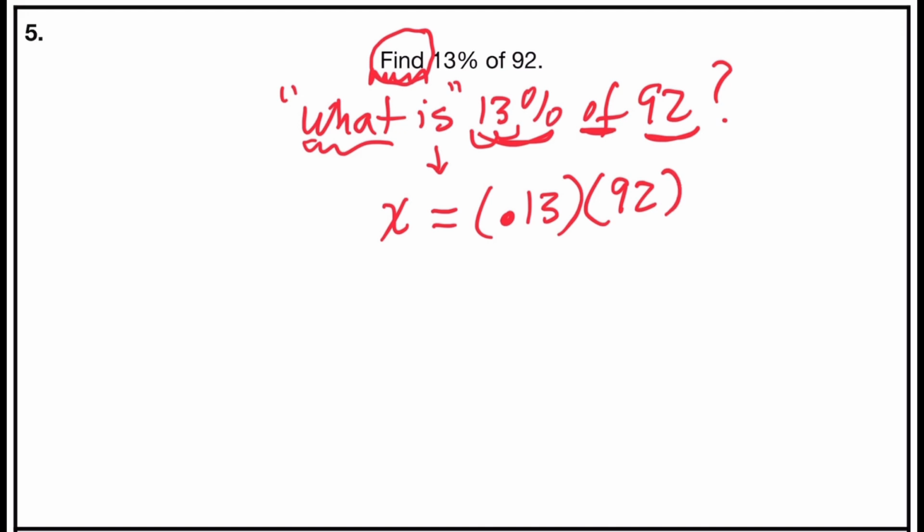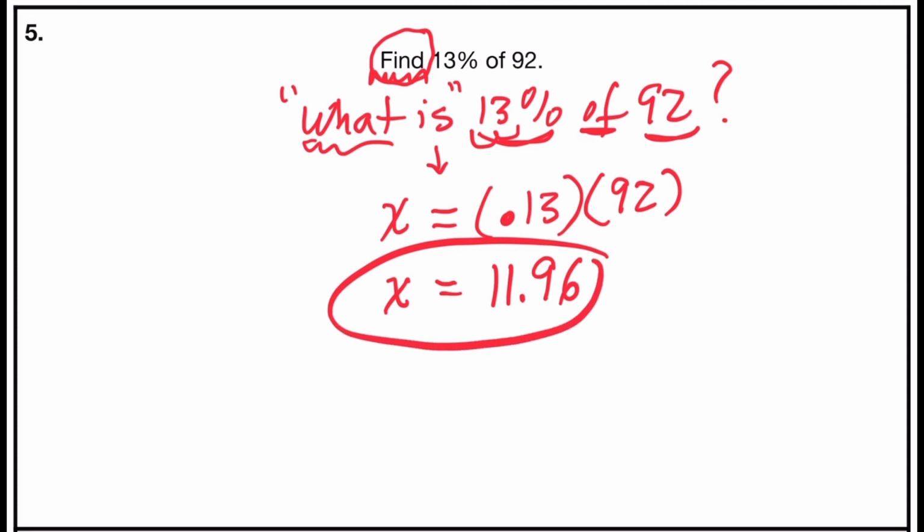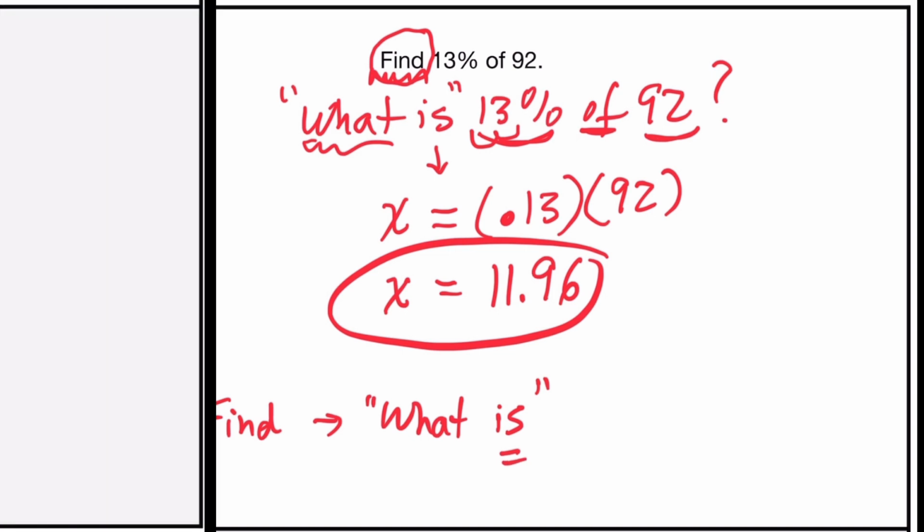Since x is already solved for, all I have to do is punch 0.13 times 92 in the calculator, and I will find out that x equals 11.96. And so 13% of 92 would be 11.96. So don't forget, the word find is another way to say the phrase what is, and then you'll have your equal sign for the is.